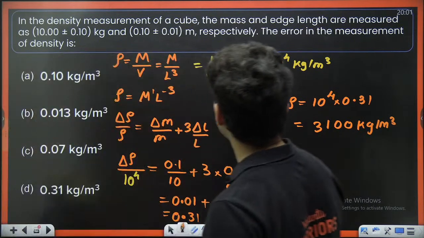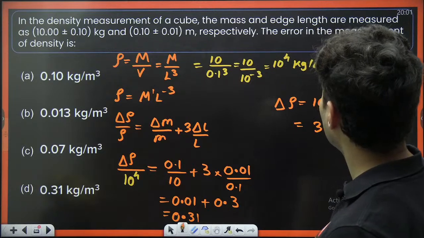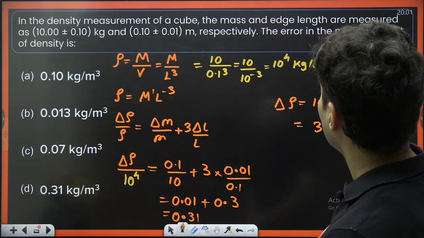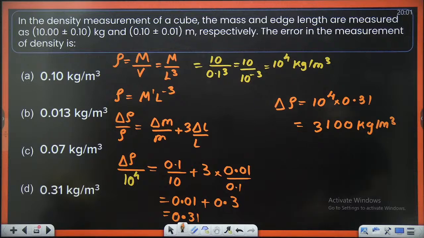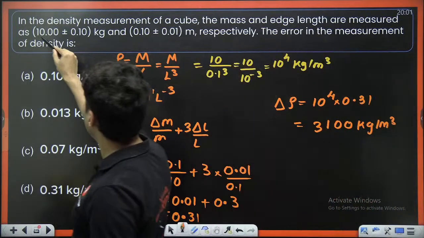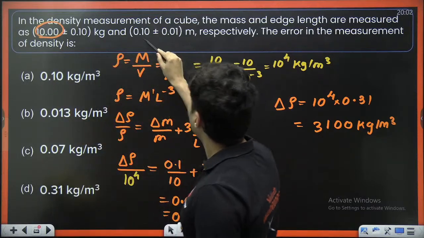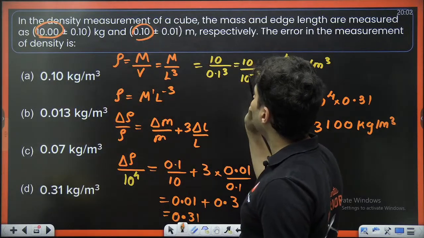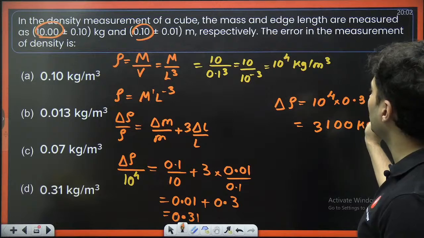Check density. Mass is 10 and length is 0.1. No problem there.